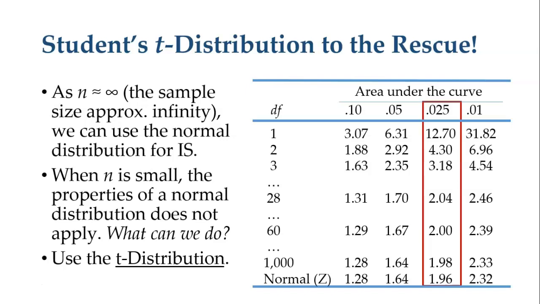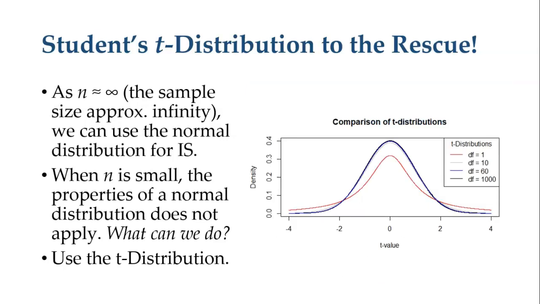And with very high levels of degrees of freedom, for instance, when you have 1000 degrees of freedom, the value is going to be very close to the normal Z. Okay. Let me show you this. This is probably better to illustrate this idea of how the t-distribution and the normal distribution are related.